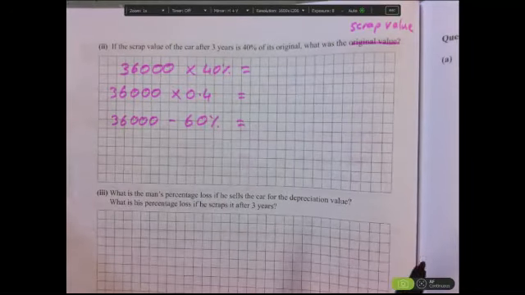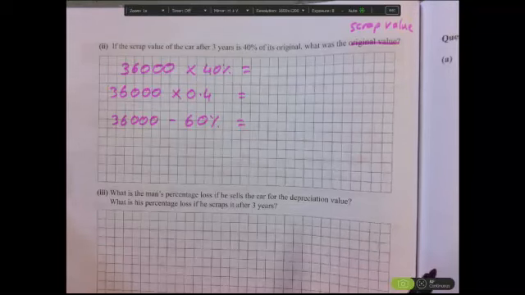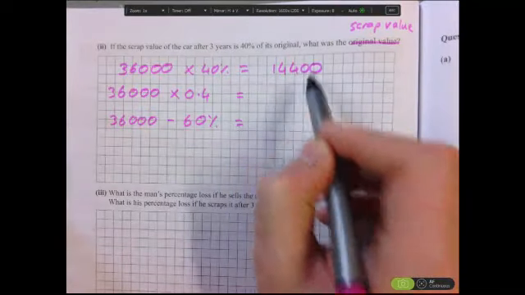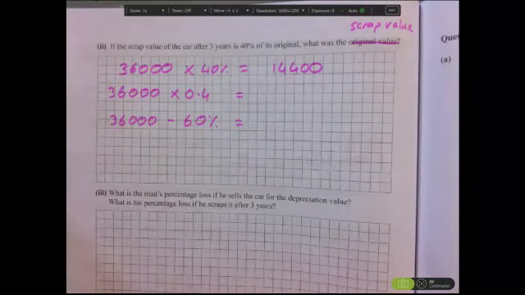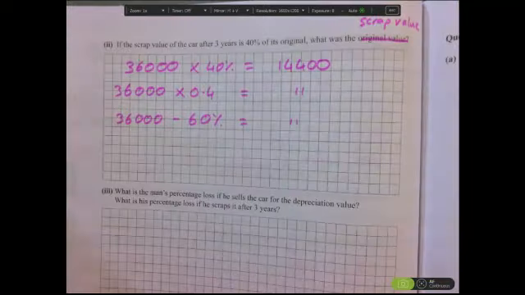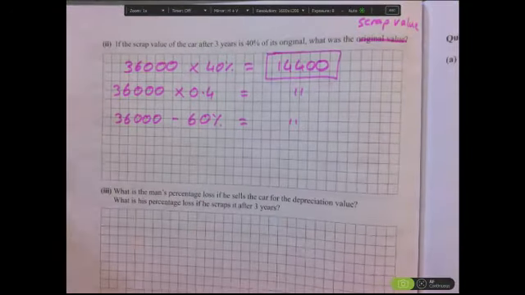So any of those versions will work for you, and you'll get 14,400. Again, I think we might need to remember that figure for the last part of the question.